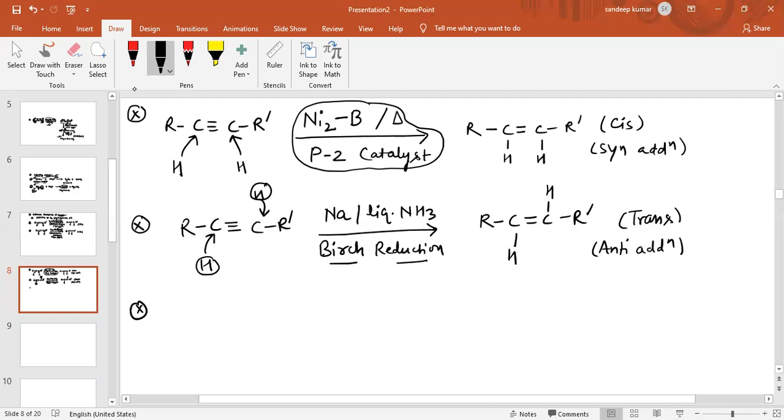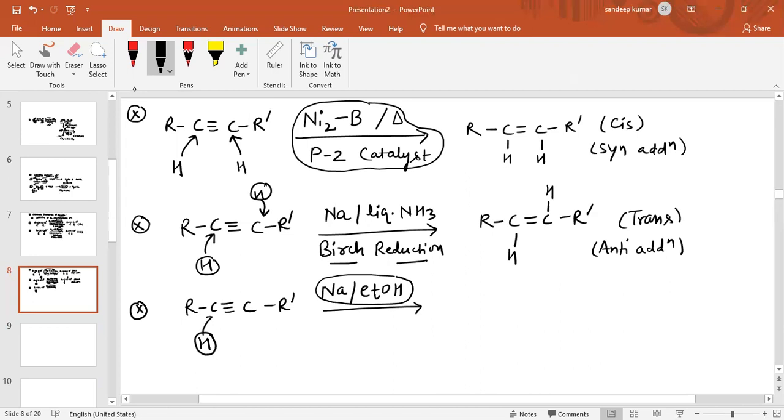Again, when the reaction of alkyne, like R C triple bond R dash, is carried out with sodium in presence of ethanol, that is EtOH, this will also supply hydrogen, but from the opposite side of the plane.